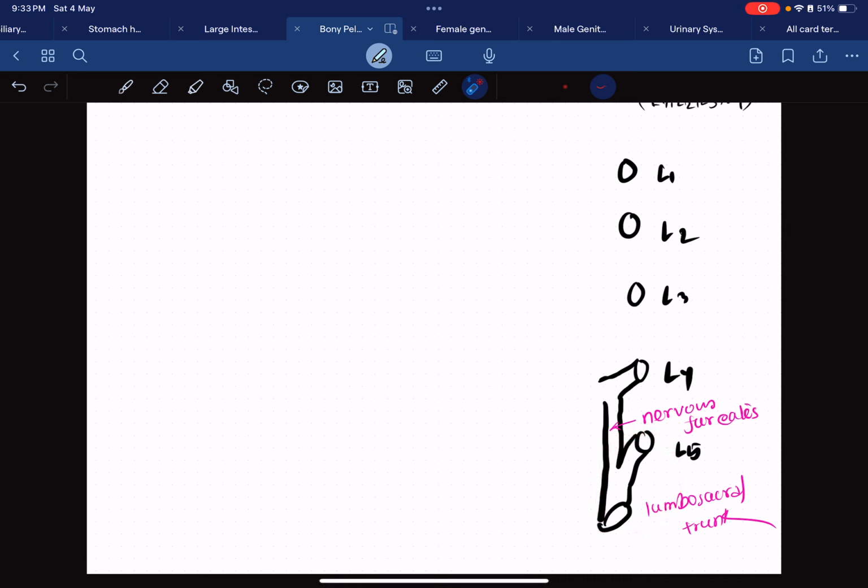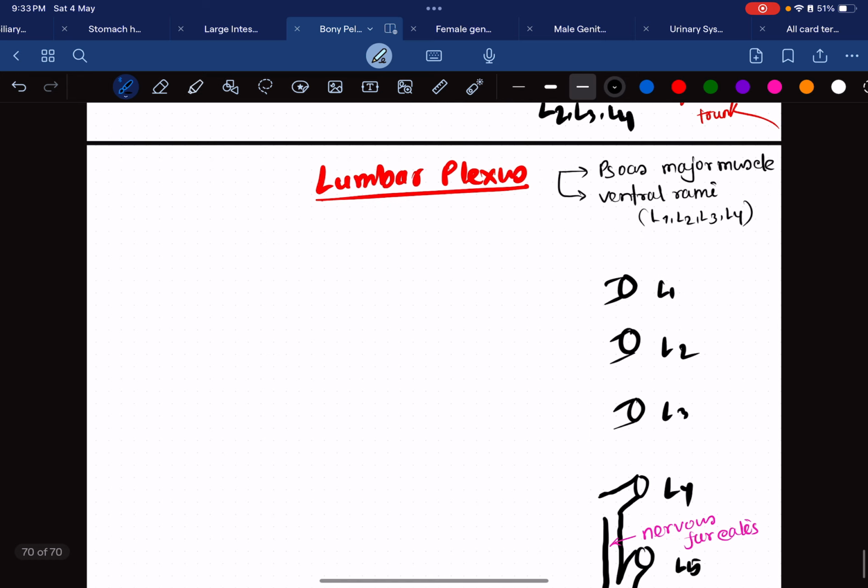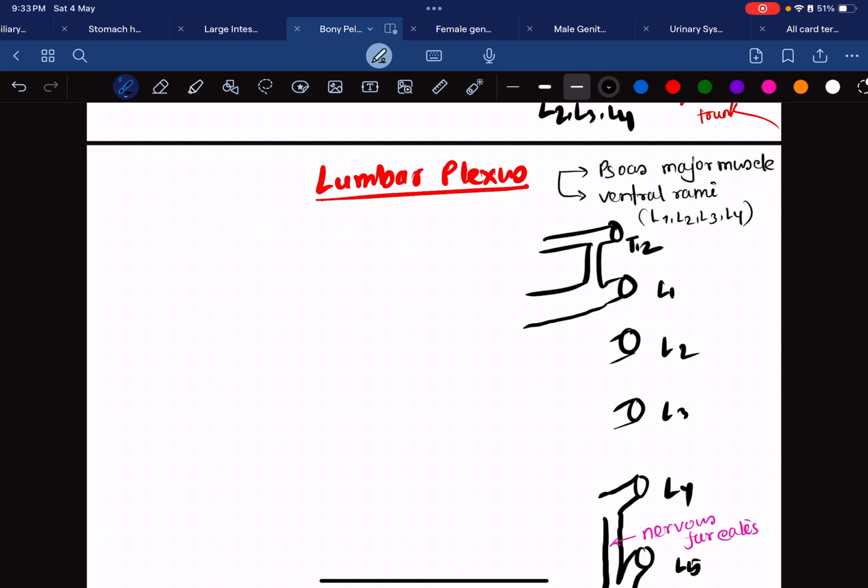Okay, now let's move on. Now we have lumbar 1, lumbar 2, lumbar 3, lumbar 4. Lumbar 1 here will receive a twig from the 12th thoracic spinal nerve, for the subcostal nerve. And here this forms the ilioinguinal and iliohypogastric.